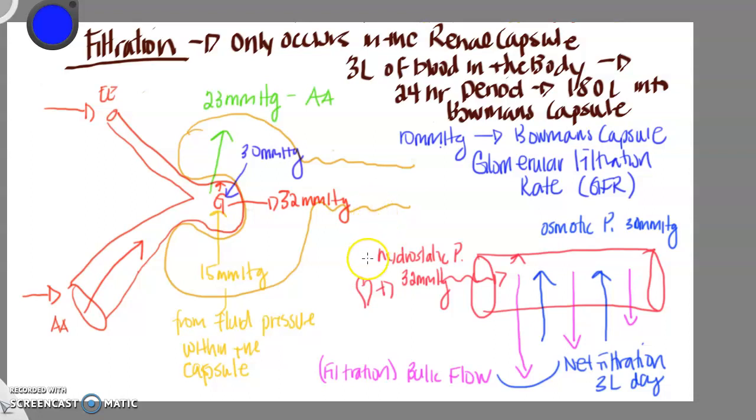Okay? So in the next video, we're going to talk more about this glomerular filtration rate, but this is how it occurs. These are the pressures that are created here that cause stuff to actually be able to be filtered into Bowman's capsule.